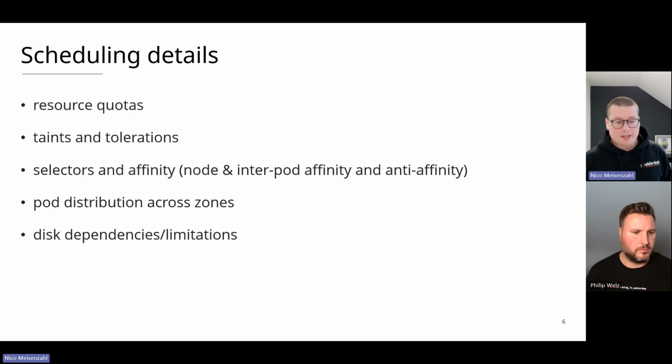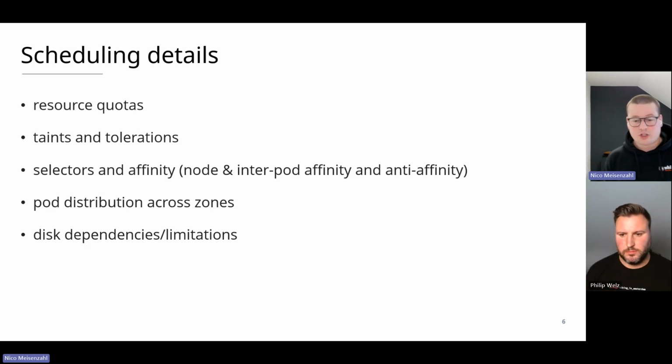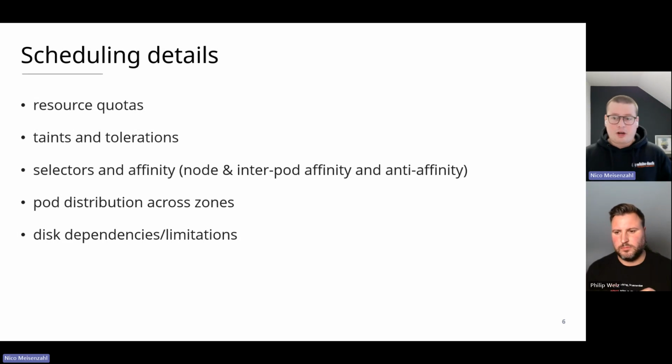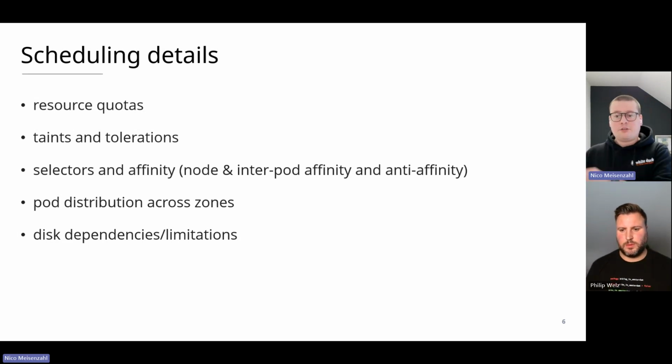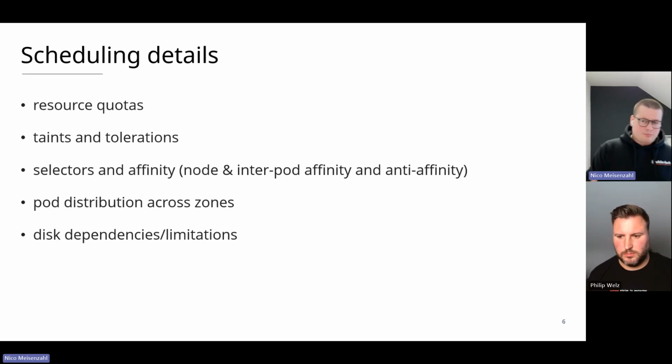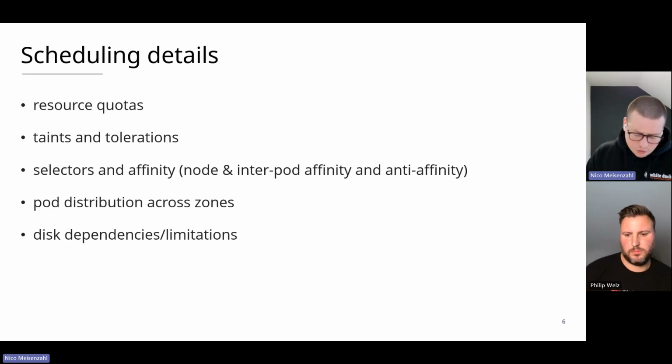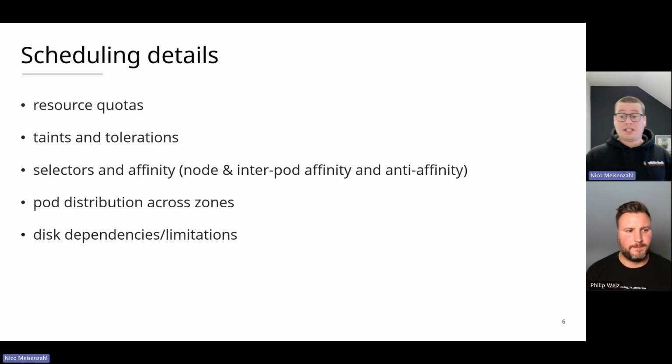What can be quite complex is if you have any PVs or disks attached to your node. Then you really need to think about whether it's possible to shift a disk from one availability zone to another availability zone, from one node to another node, when the workload gets rescheduled. For around two years now, we have zone redundant disks, which are able to shift around the availability zones because they are synchronized or replicated.